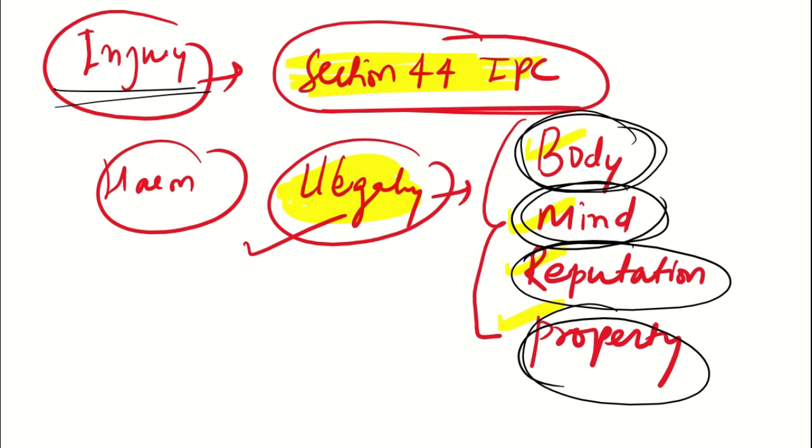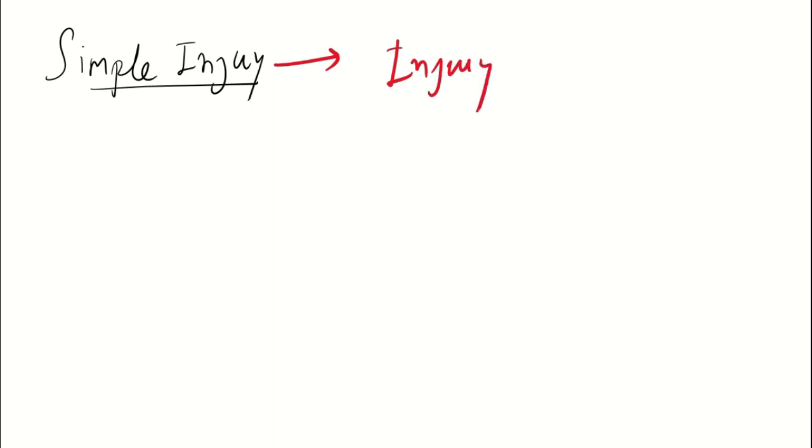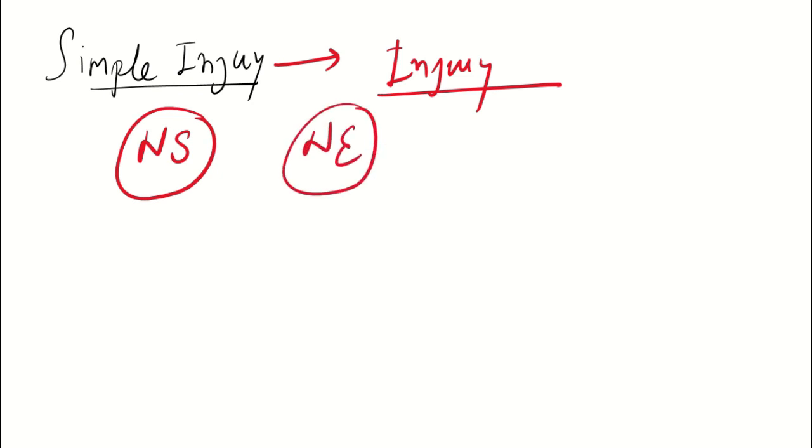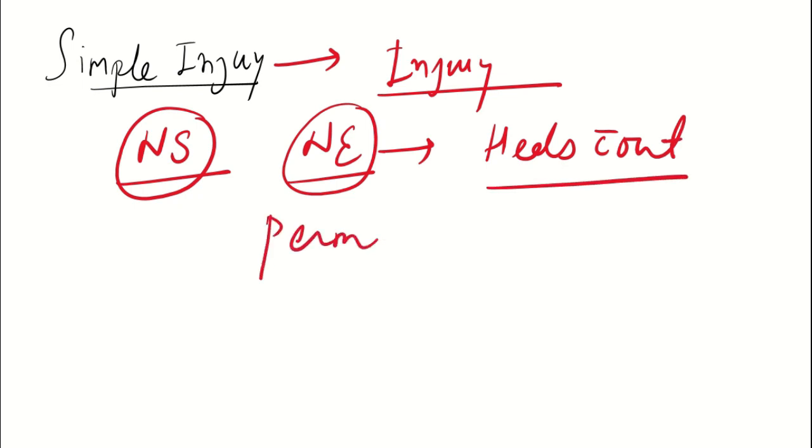As simple as that. Okay, now one more term that is known as simple injury. As such, simple injury is not defined anywhere in the Indian medical legal system, but as per the definition, any injury that is neither severe nor extensive, which heals without leaving any permanent scar.